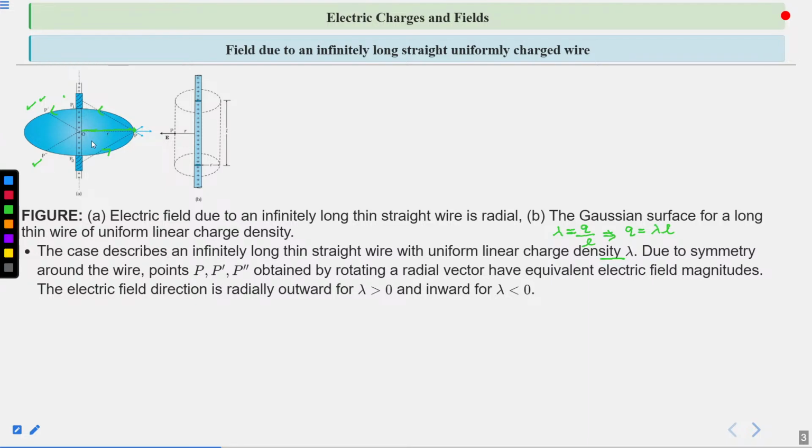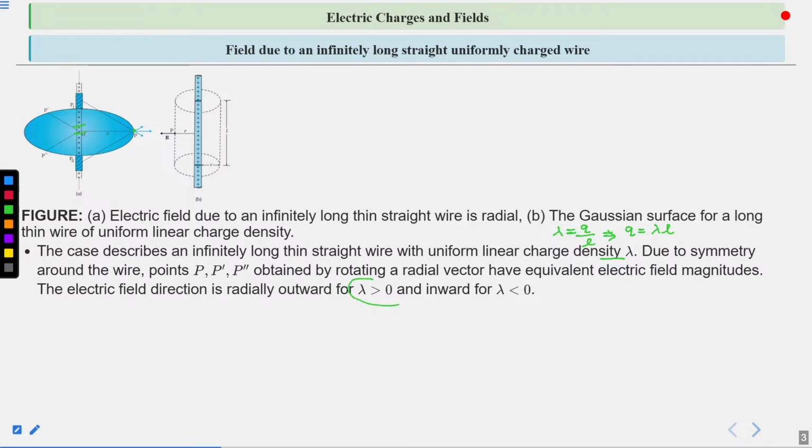Now the question arises, what is the direction? How can we determine the direction of the electric field at point P? The wire is positively charged, which means the linear charge density lambda should be positive.